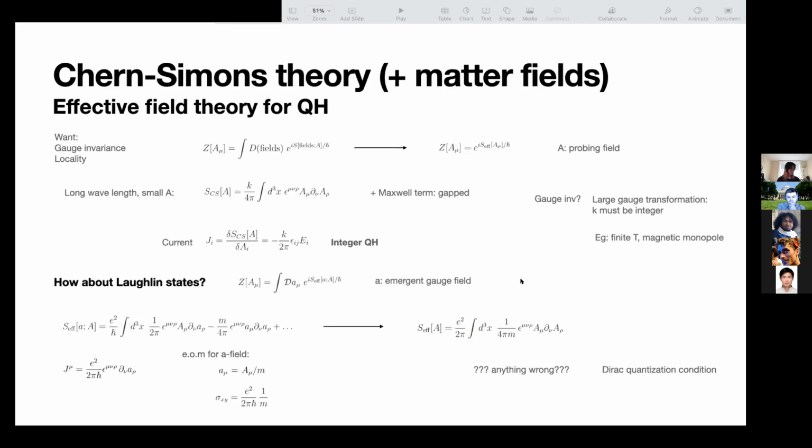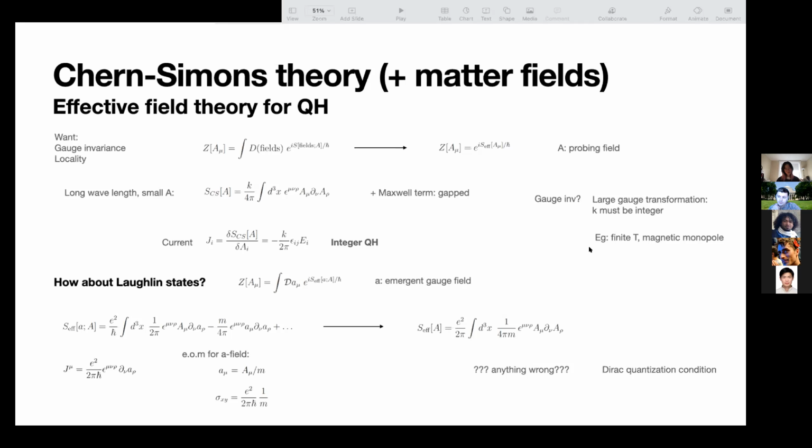So you're saying that the Dirac quantization condition for capital A should always be given by the original one, because the fundamental electric charge is always E. It's not E over M.